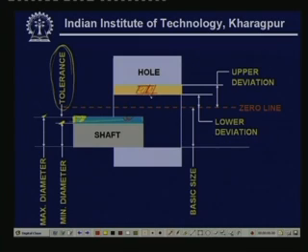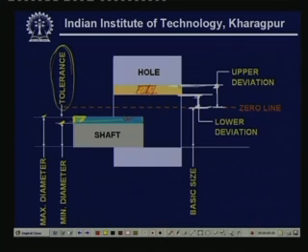Now, again with reference to this zero line, we are getting two situations. One is that from the zero line you have the hole up to this much. Another one, from the zero line, you can go up to this portion.